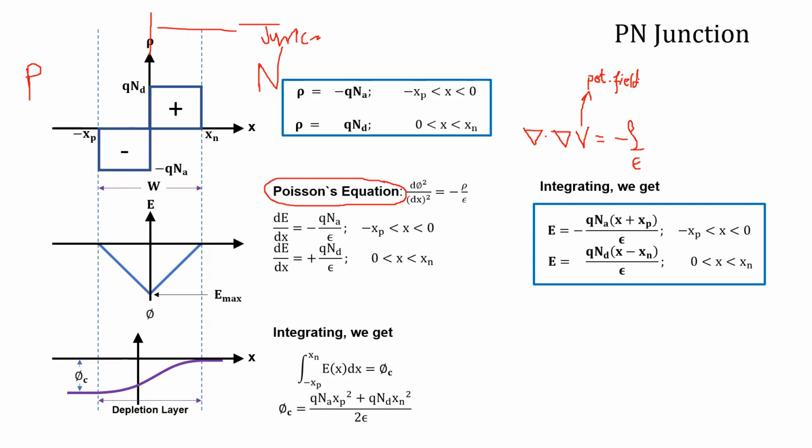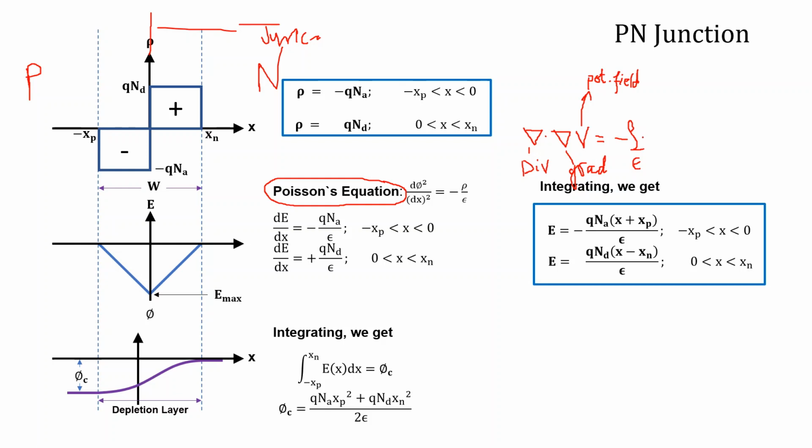So the divergence of gradient of potential field is equal to minus rho by epsilon, where rho is the charge density. So this is the Poisson's equation.